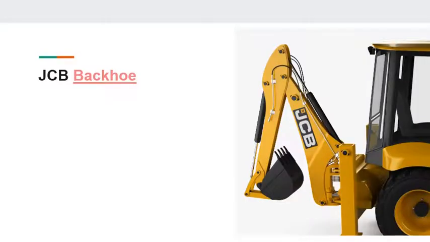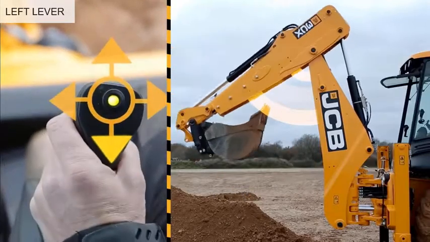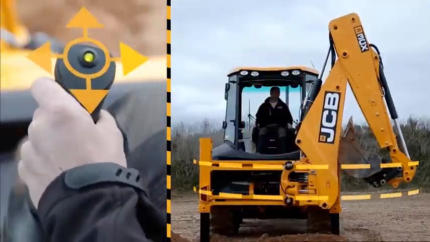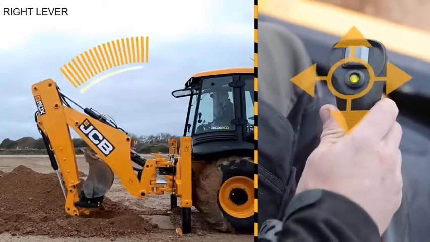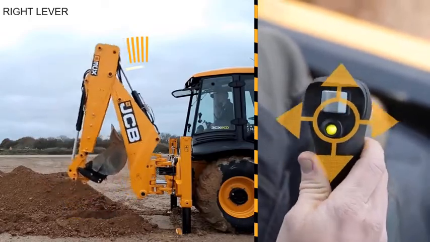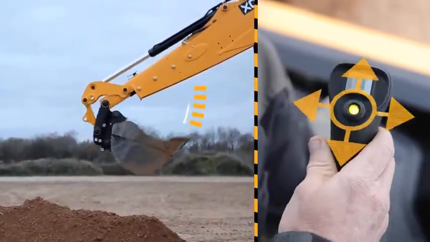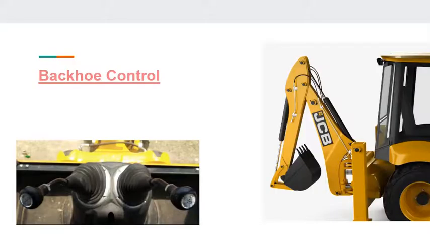Now, let us look into the backhoe of JCB. The backhoe is fitted with 4 cylinders. Let us see how the backhoe moves when we actuate each cylinder.